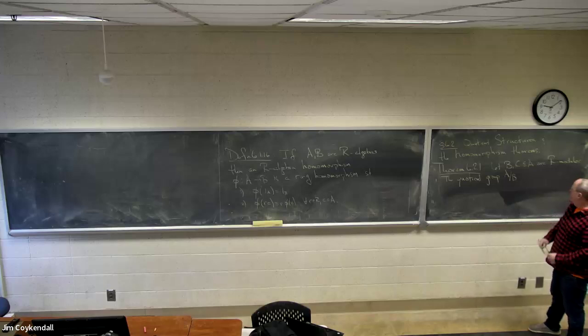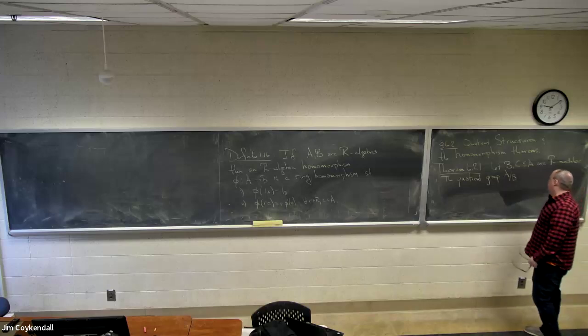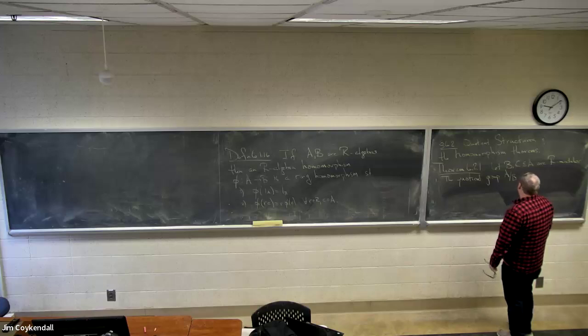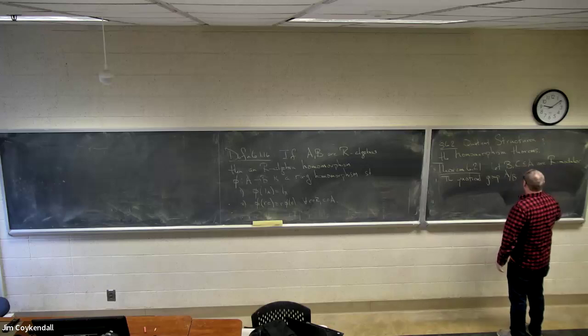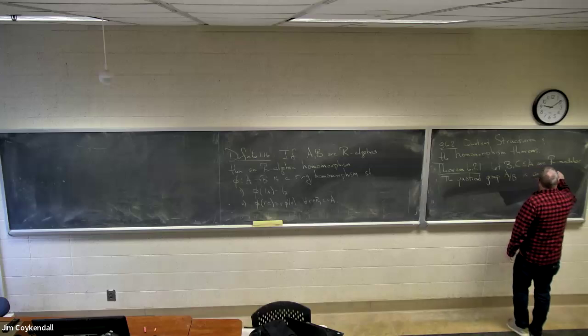This is the cosets of B in A, and it is an R module.